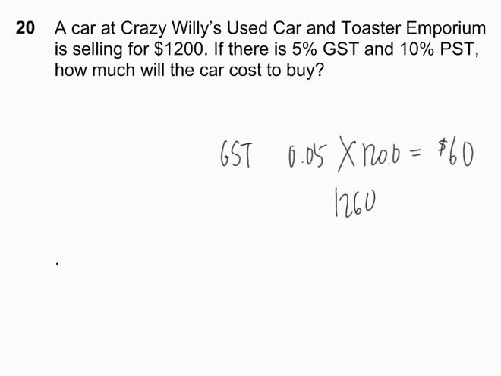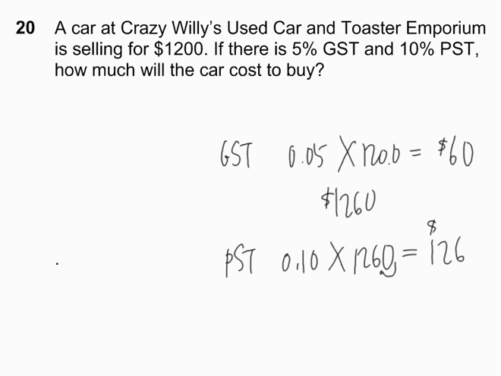So the car, after I put the GST cost on, is going to be $1,260. The PST is 10%, which is 10 hundredths, but it's not calculated on the 1,200, it's calculated on the 1,260. Mentally, I can do that, move it over one place for 10%. That's $126. Add that on to the $1,260 I already owe, so the final cost will be $1,386.